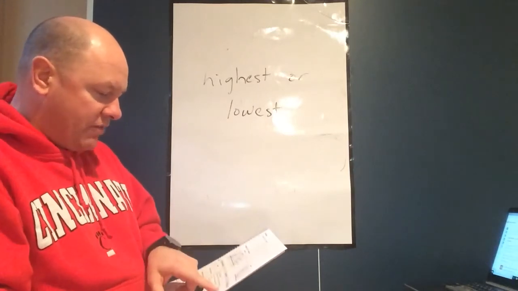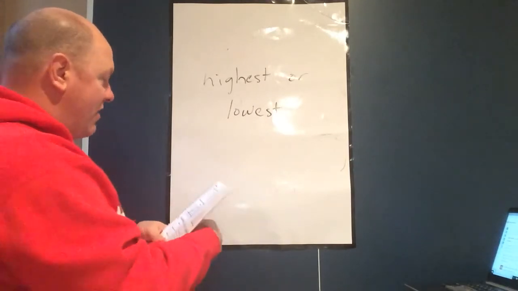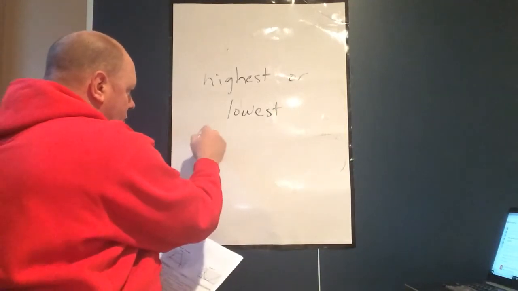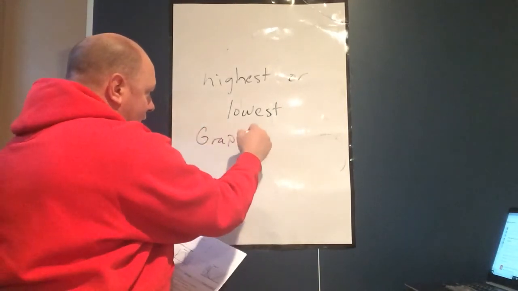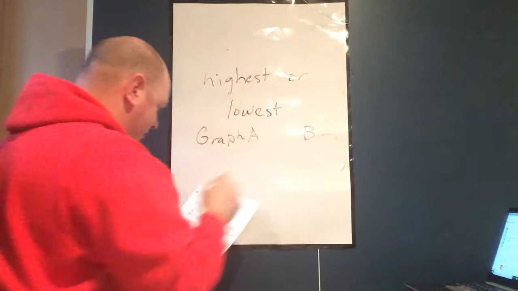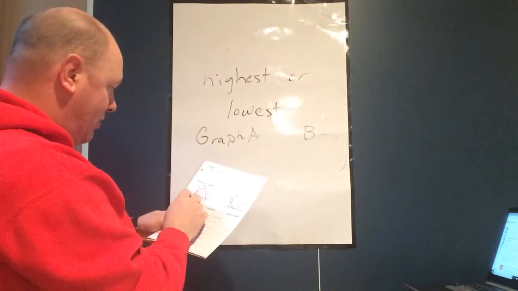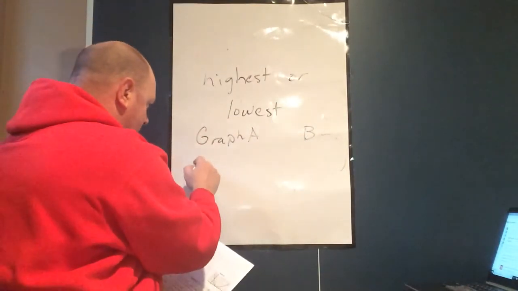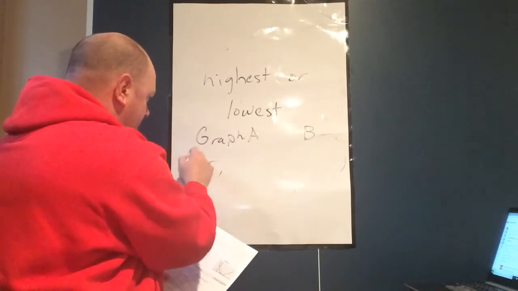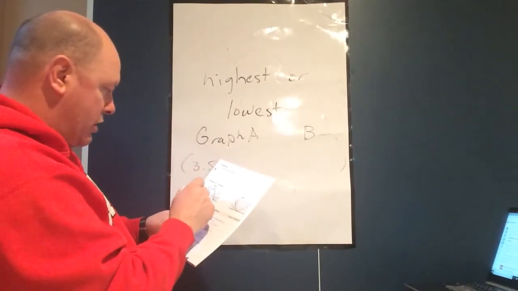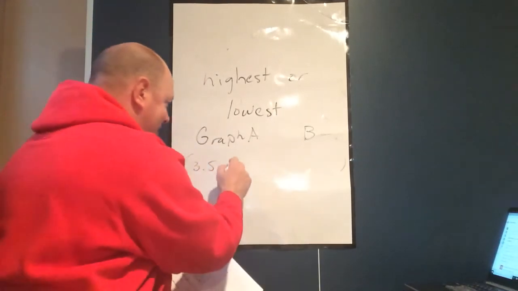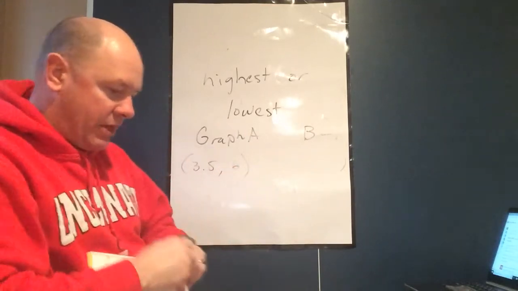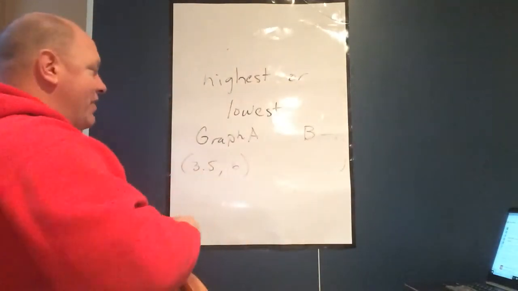If I'm looking at graph A, and here's B over here, it's probably like 3.5 is my x value, and it looks like 1, 2, 3, 4, 5, 6 is my value at the top there. Okay? 3.5 and 6.